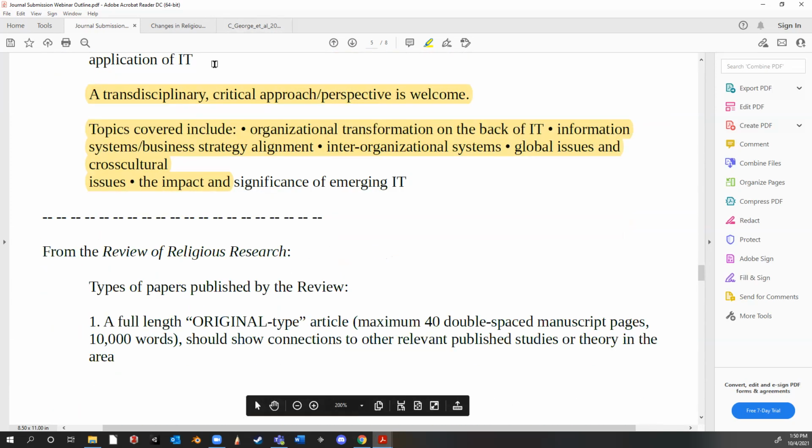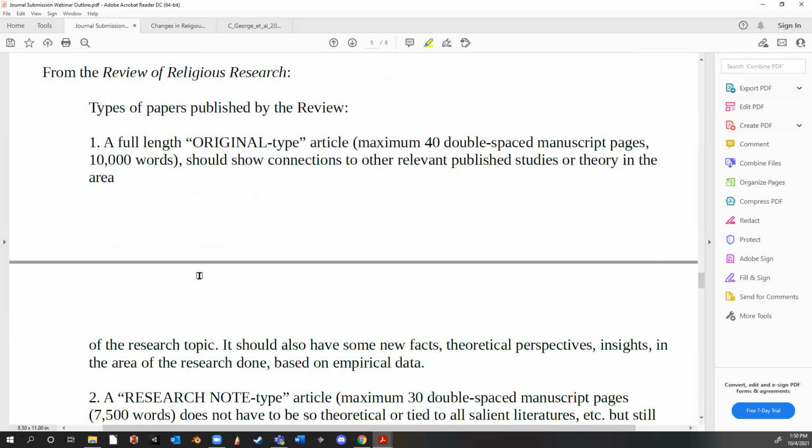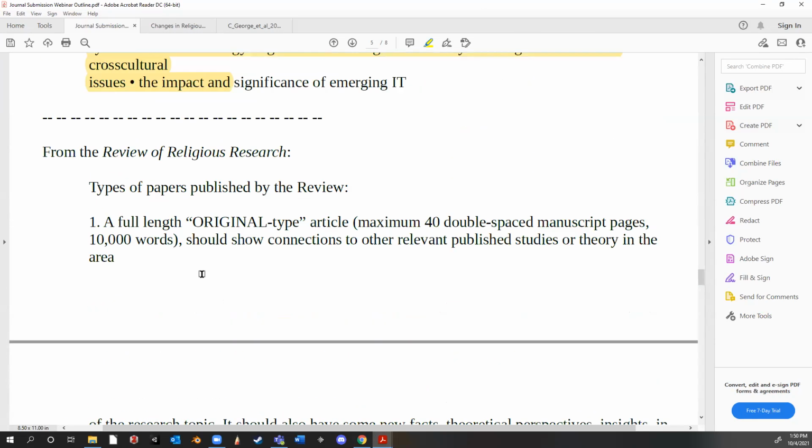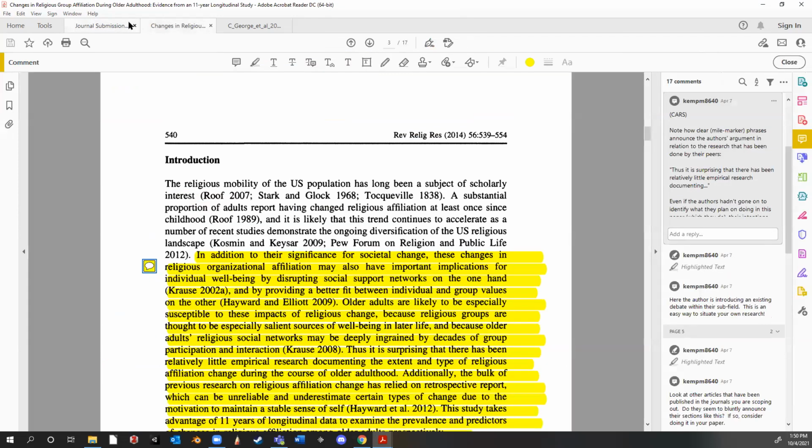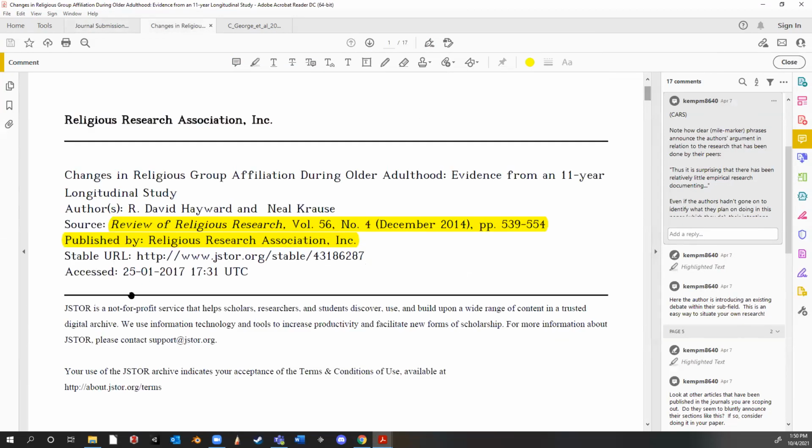utilized here, right? So let's actually look at the changes in religious group affiliation, the Hayward and Krauss article, 2014.